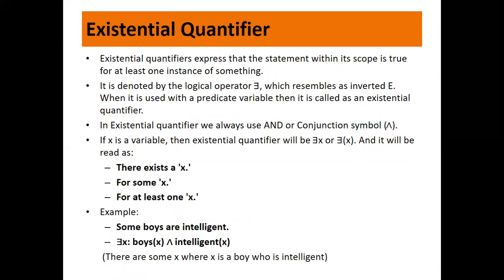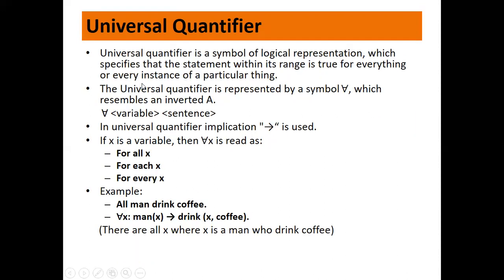Next, we have the existential quantifier. For the existential quantifier, the statement within scope is true for at least one instance of something. Remember, here we are saying at least one instance, whereas there we said for every instance.